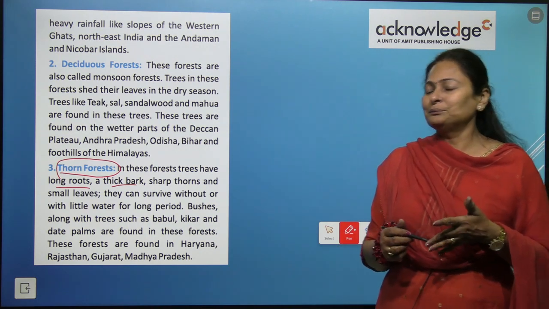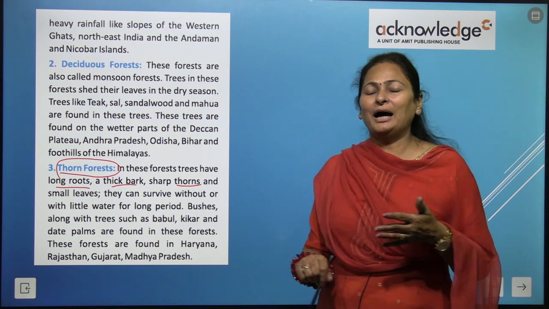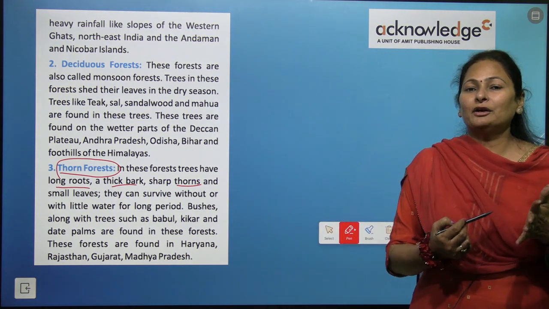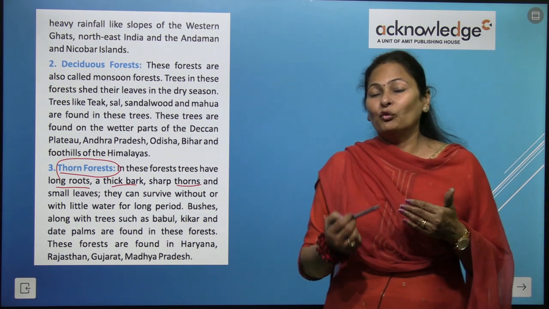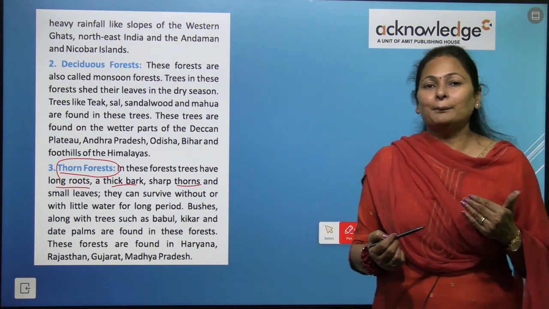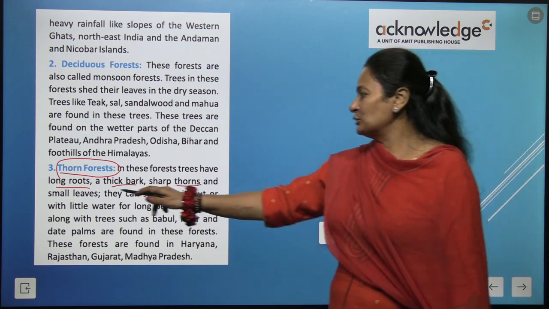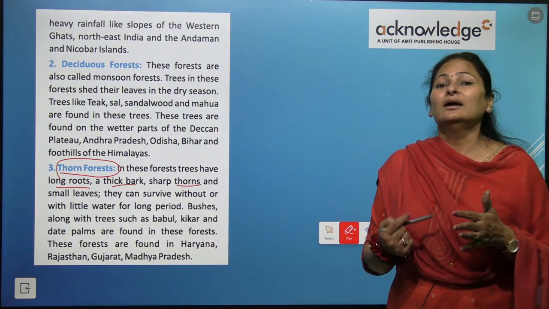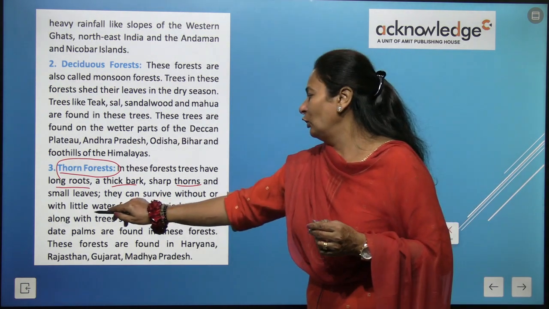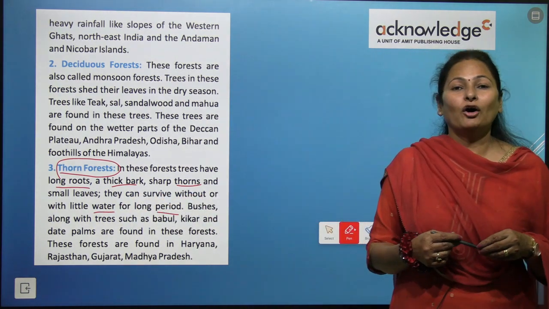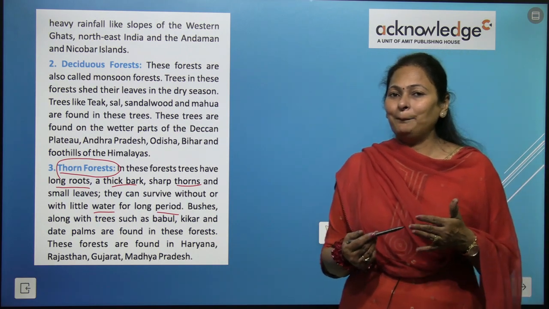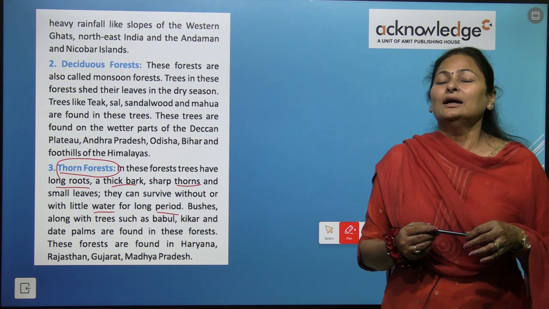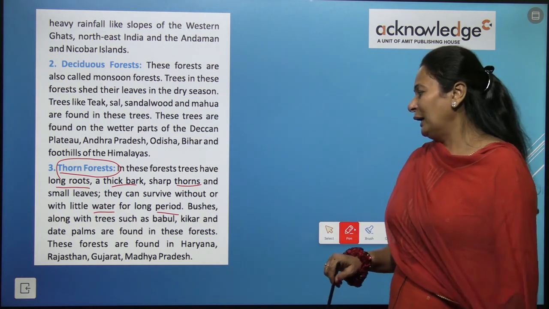I told you that these plants or trees have thorns to reduce the evaporation of water, so that water can be conserved, and small leaves, they can survive with very little water for a long period of time. So it happens because of these thorns and because of the deep roots of the plants, right?